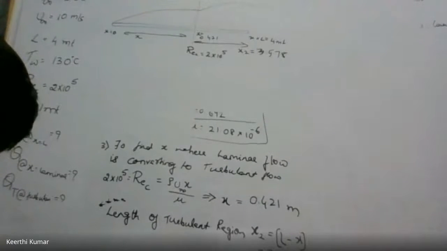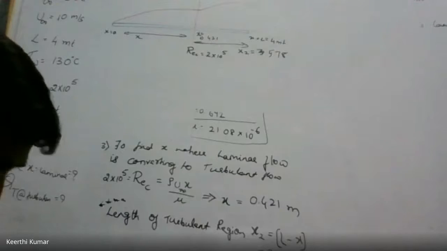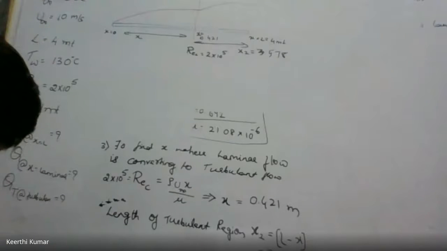Mu is 21.08, and kinematic is 21.09. Just wait, I'll check. Okay, for dry air at a temperature of 80 degrees centigrade, mu is 21.08 into 10 to the power of 6. Correct? Okay, sir. Correct.